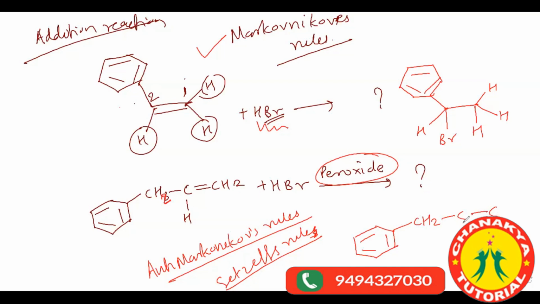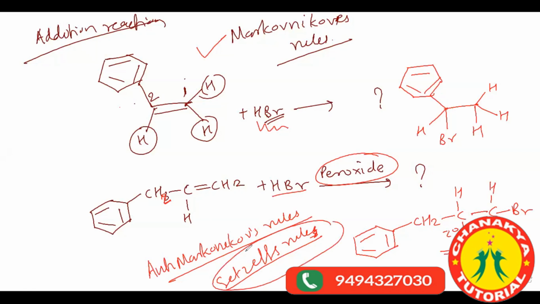And now what happens? The hydrogen from HBr would go at this place, and your two hydrogens are already present here, and the bromine is preferred to go at the primary carbon. This is your primary carbon, this is the secondary carbon. Why did this happen? Due to Sedzev's rule, and Sedzev's rule has been followed due to the presence of peroxide.